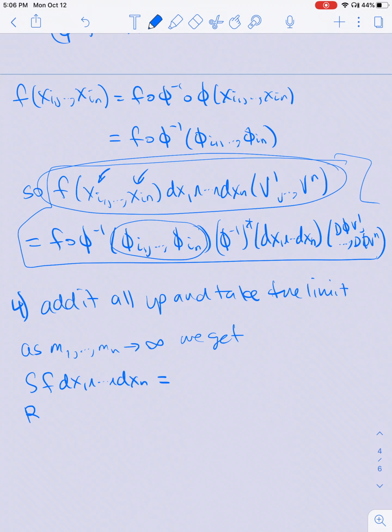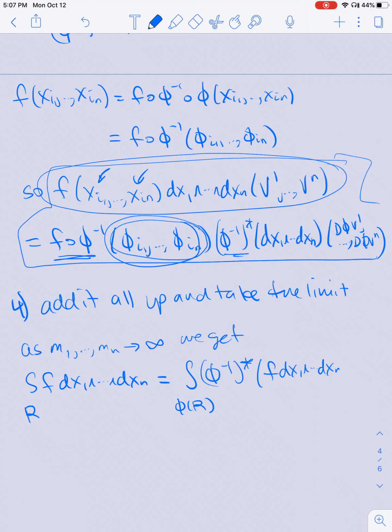So we're getting the exact same integral, and we've shown it's the exact same integral, but we're using a different function in a different form to compute it. So we get the integral over phi of r, because we're plugging in points in phi of r, of phi inverse pullback of f dx1 wedge all the way out to dxn.